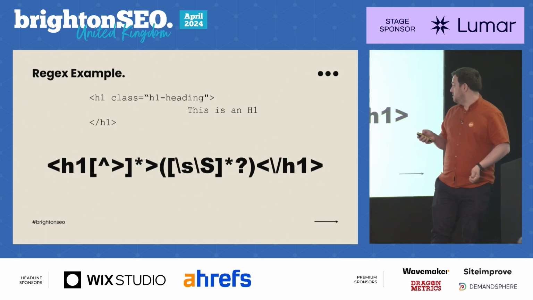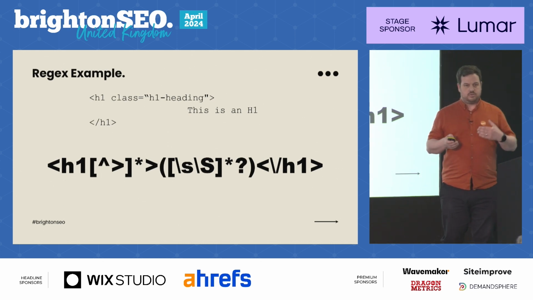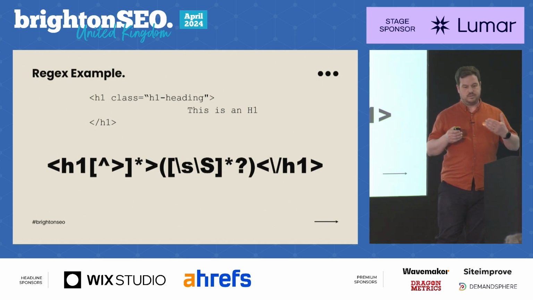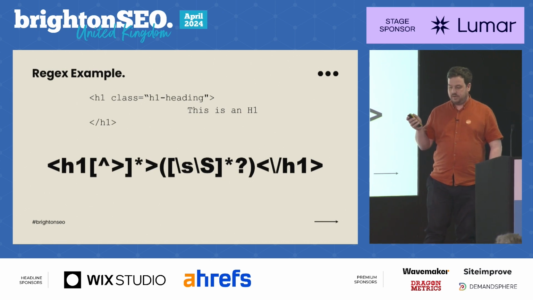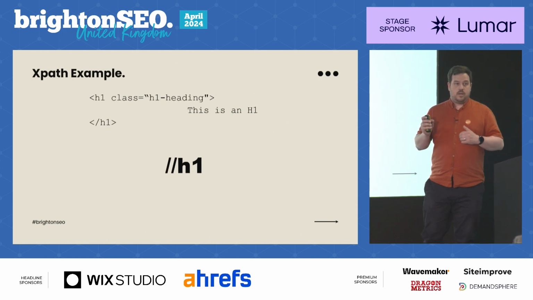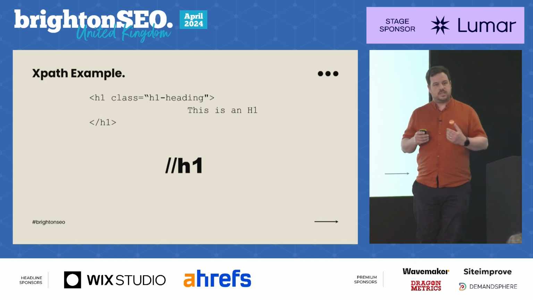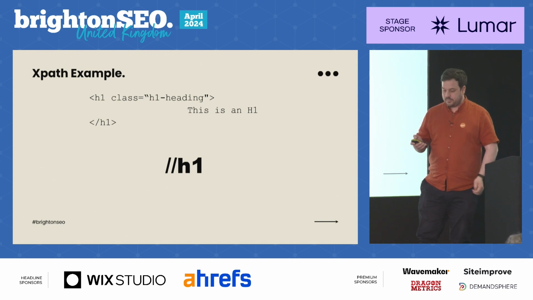I'm looking at this and I haven't got a clue what it means. Trying to debug it, or extract anything beyond the basics, gets quite complicated. However, the equivalent in XPath is this. Whilst XPath might be difficult to get your head around, once you understand the basics, there's not a huge amount else that you need to learn.